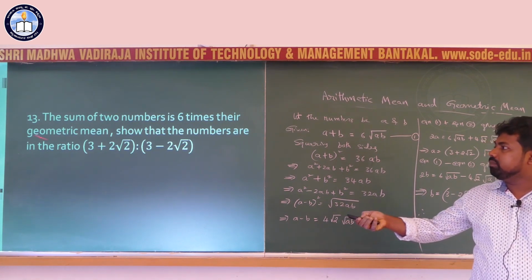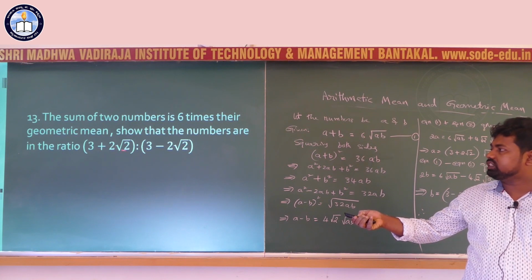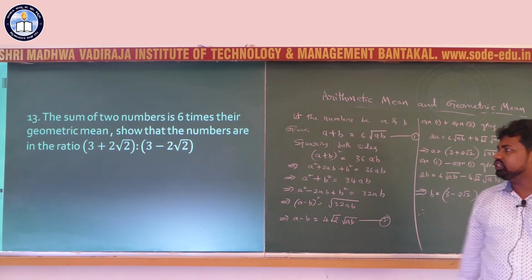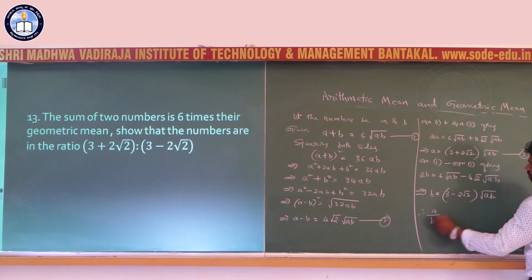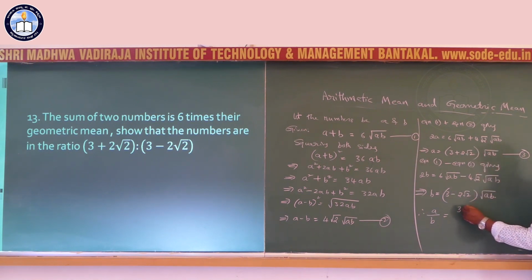Show that the numbers are in the ratio 3 plus 2 root 2 is to 3 minus 2 root 2. We want the ratio of the numbers. Therefore, A by B equal to, here A is 3 plus 2 root 2 into root AB, by B is 3 minus 2 root 2 into square root of AB.